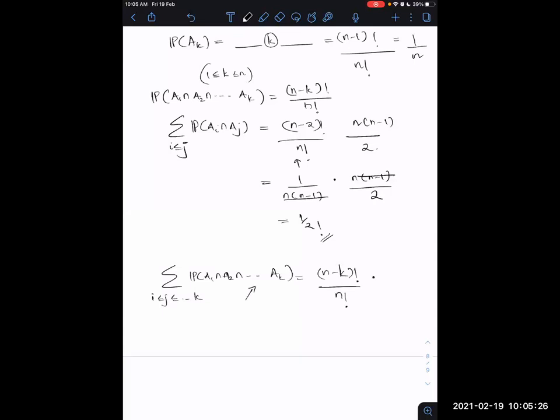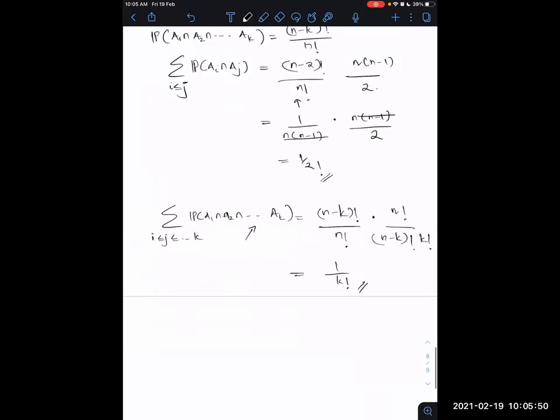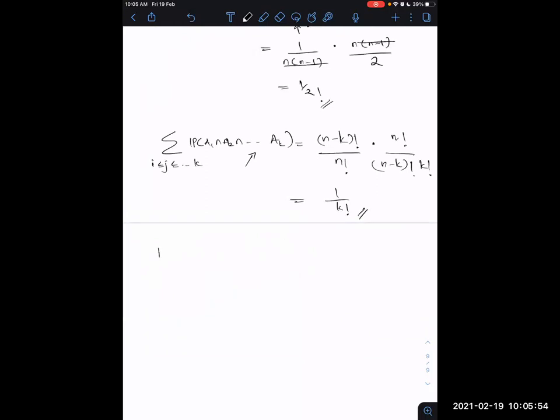Now the question is, how many terms are there in the sum? So you just have to pick k sets from n sets. So that would be exactly n choose k. So that is exactly this. So after cancellation, you get 1 over k factorial. Okay. So for 2, it was 2 factorial. So for k it is k factorial. And now we are done, because what we wanted to estimate is this.